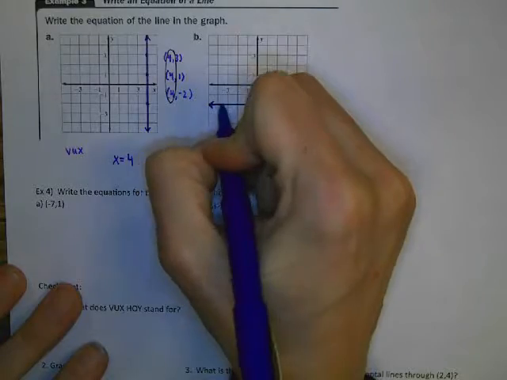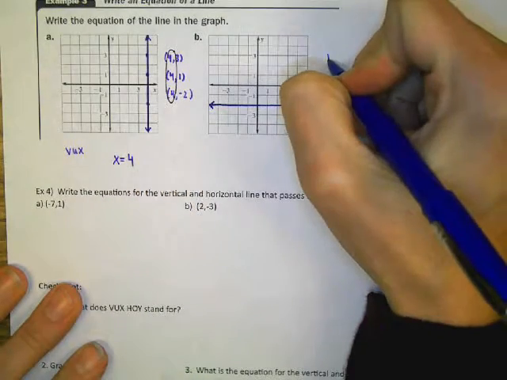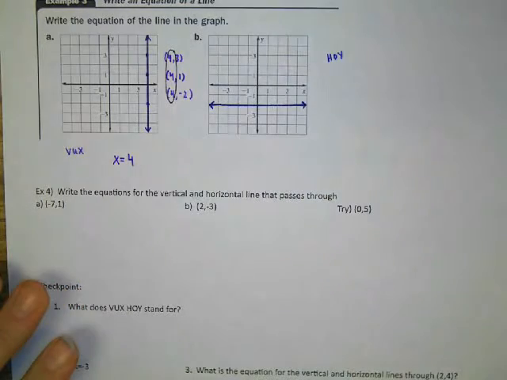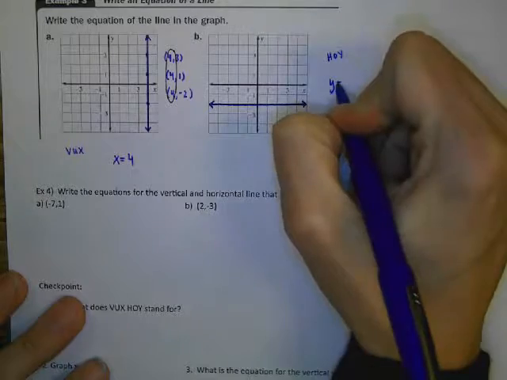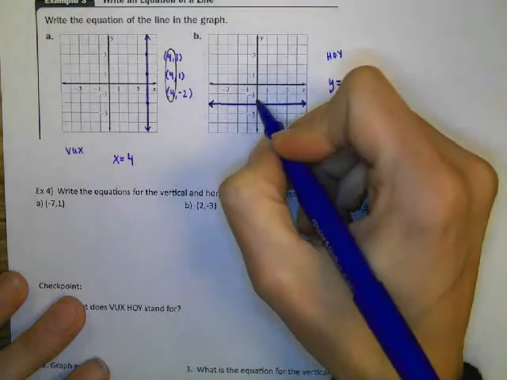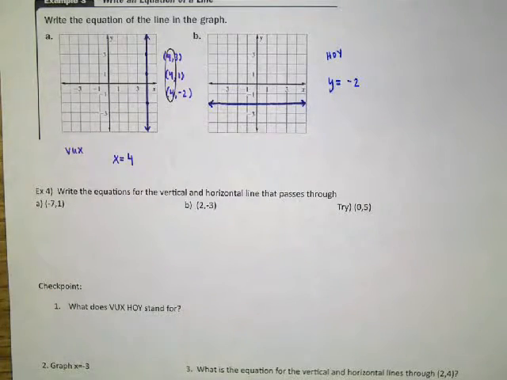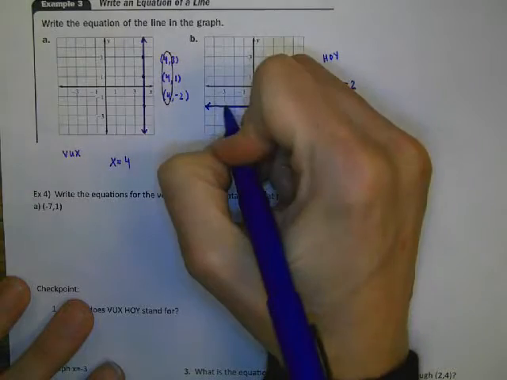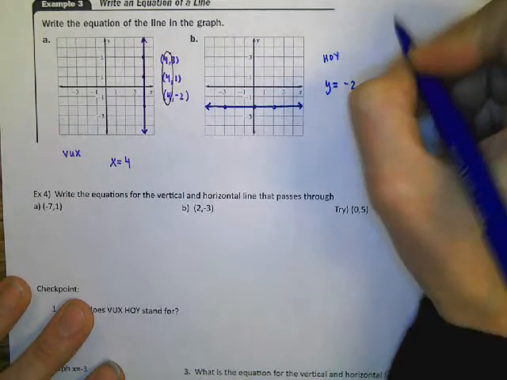Now over here, this is my line in blue. That is a horizontal line, so that's my HOY. So I know that line is going to be y equals, and it intersects the y-axis where y is -2. Again, if I weren't sure, I could just pick 3 points on that line, any 3 points.